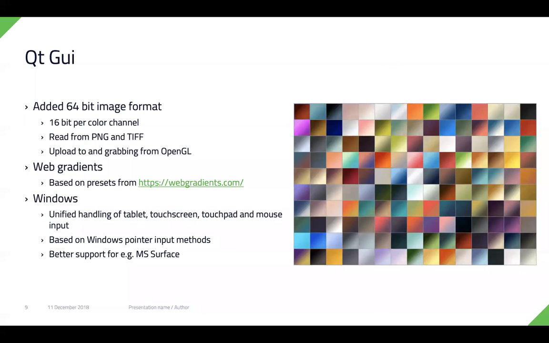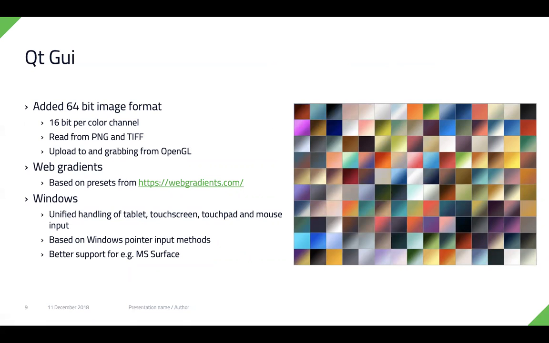Some work in Qt GUI has also happened. We've added, most notably, support for a 64-bit image format, something that has been long requested from our users. If you're doing high-quality image manipulation, in many cases, you really want an image format with 16 bits per color channel. You can read them from PNG and TIFF and upload to and grab them from OpenGL.